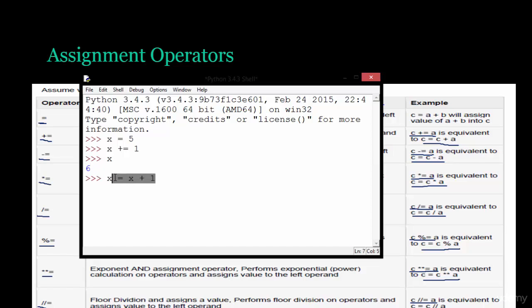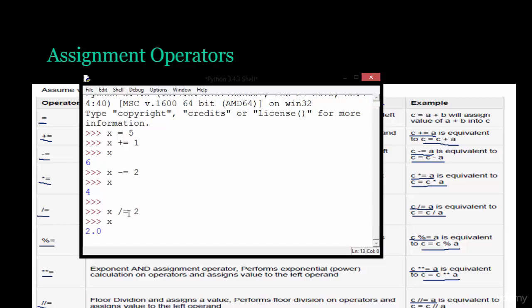And if I say x minus equal 2, for print x we will get 4. I say x divide equal 2, for print x we will get 2.